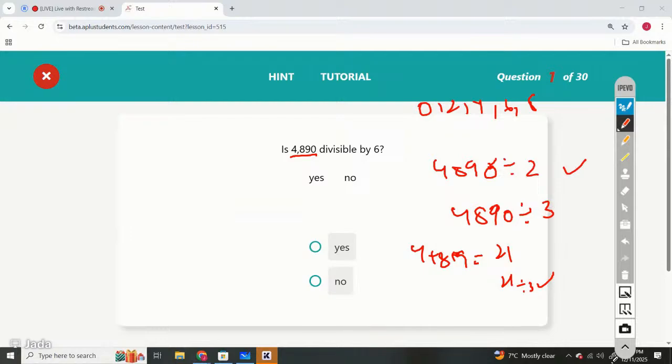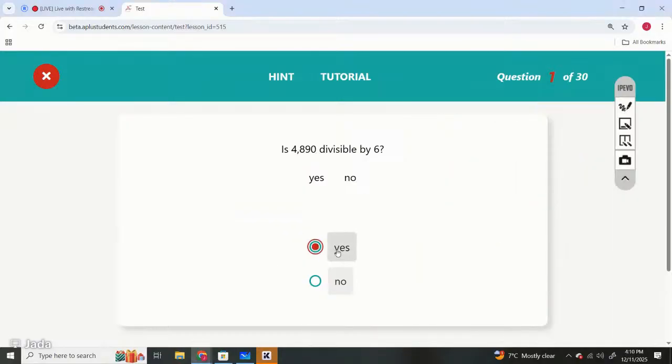So yes, it is divisible by 6. The correct option is yes, it is divisible by 6.